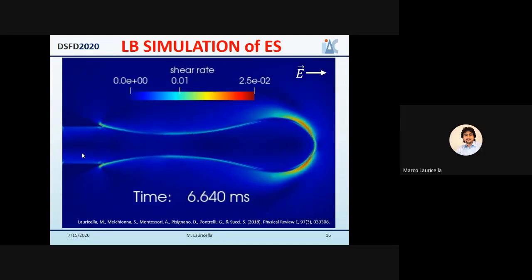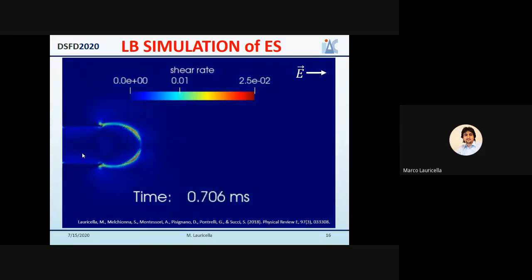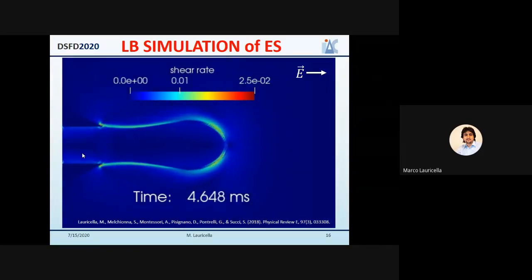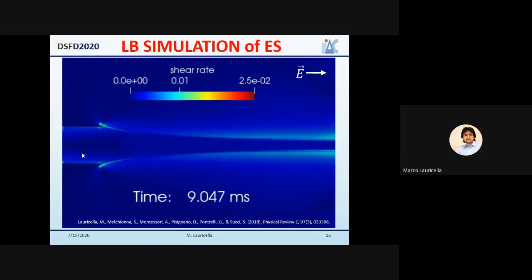And this is extremely interesting because in previous theoretical works by Oman and Alexander Yarin, the hypothesis was advanced that this shear rate can contribute to stabilize the jetting regime.